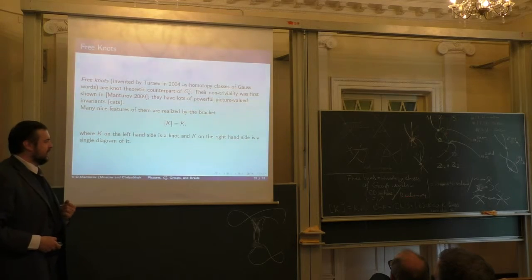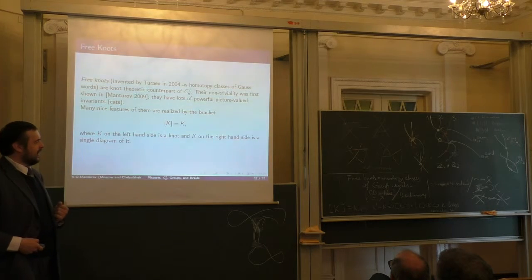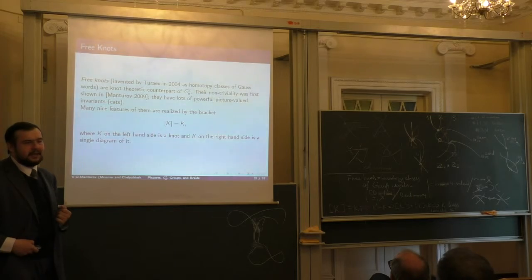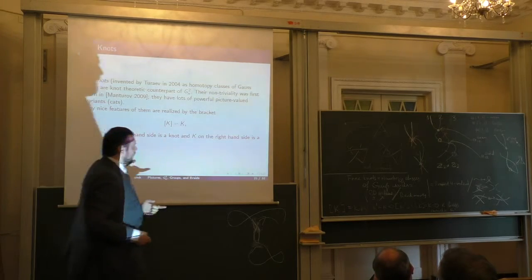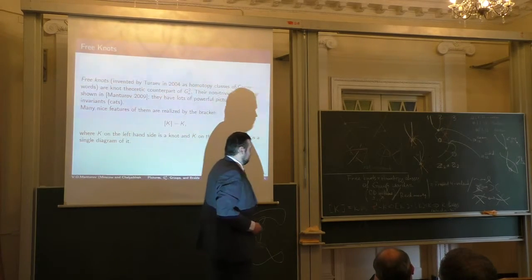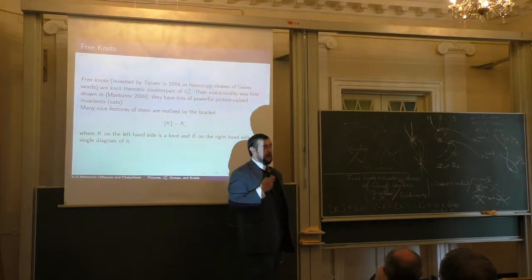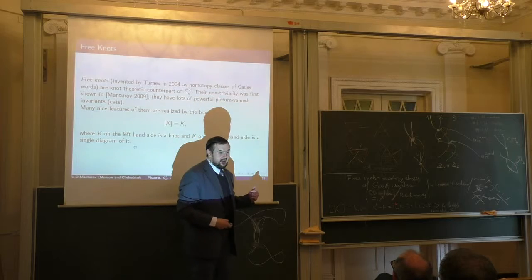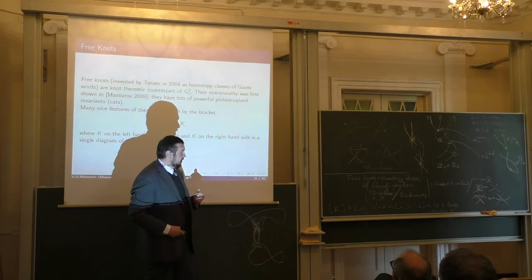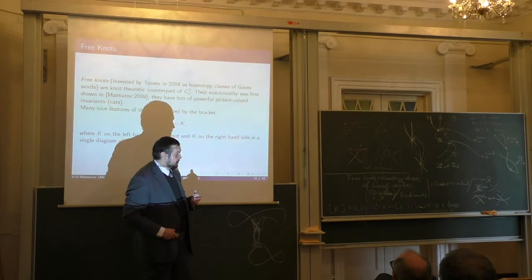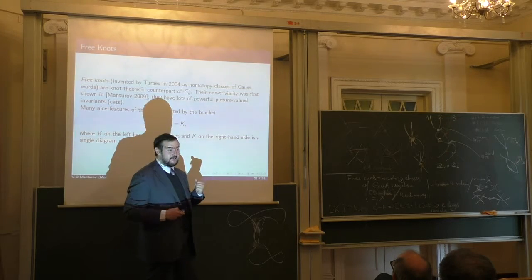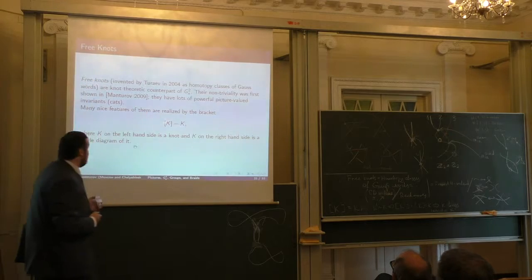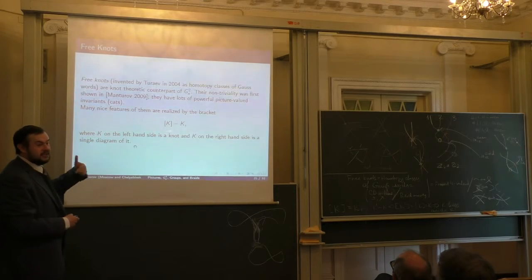So what does it mean? This means that if my knot K is complicated enough, then I can take some knot K prime which is equivalent to K. And then, since my bracket is invariant, the bracket of K prime is equal to the bracket of K and is equal to K itself. Note that in the left-hand side, K means some object modulo some moves.